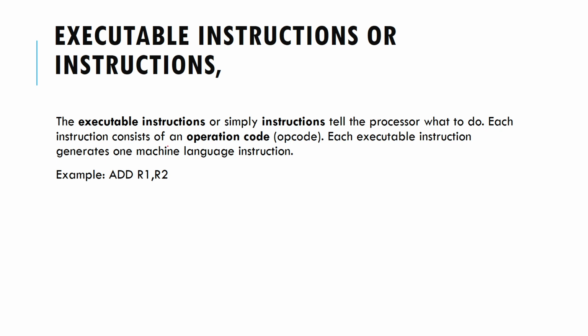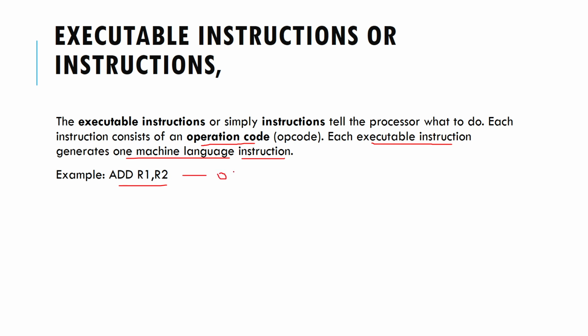Each instruction consists of an operation code. Operation code is nothing but the opcode, and it is also called a mnemonic. Each executable instruction generates one machine language instruction. Once it is executed, it generates the machine language instruction, which is nothing but zeros and ones.